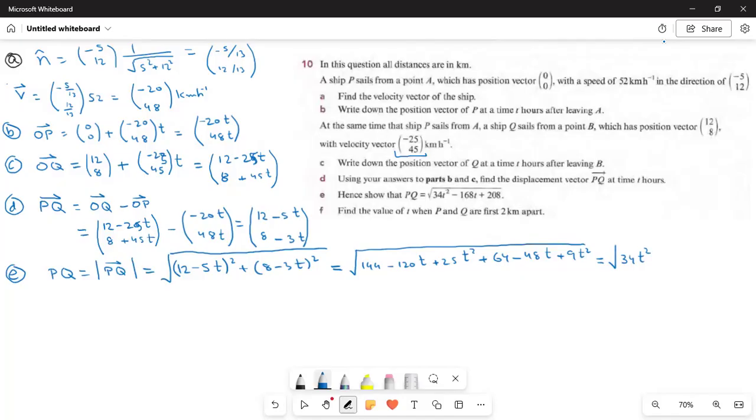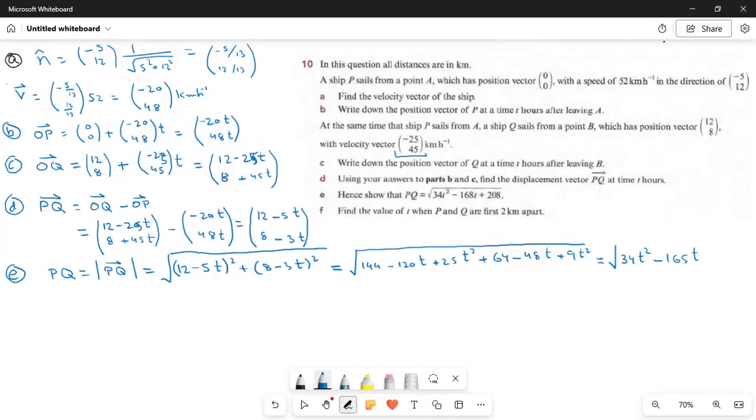Then minus 120t minus 48t, oh sorry, this is 48.